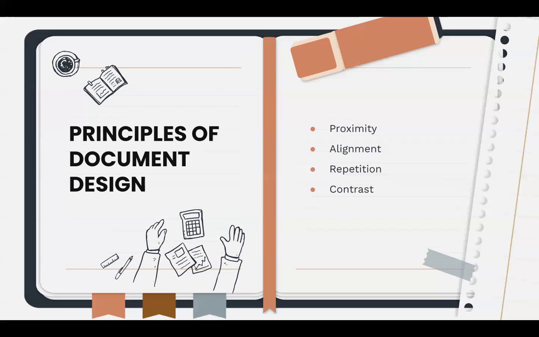Alignment also indicates relationships between items. So things that are all aligned along the left margin versus things that are indented once or twice or whatever, the things in the same alignment tend to be treated as of the same importance, of the same significance, related to each other in some manner.